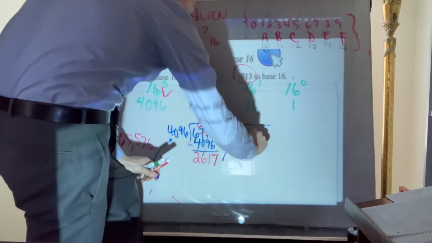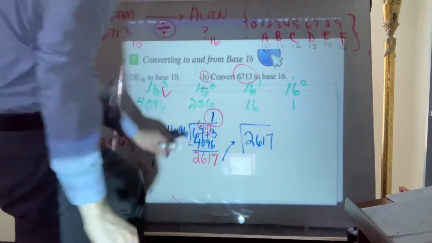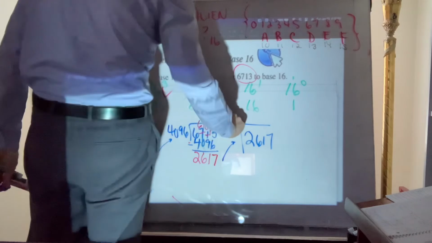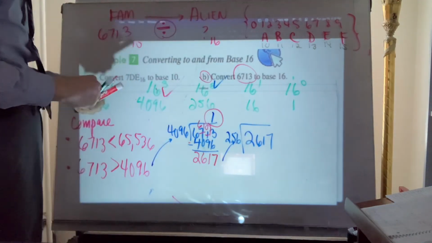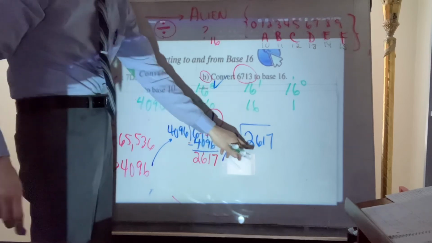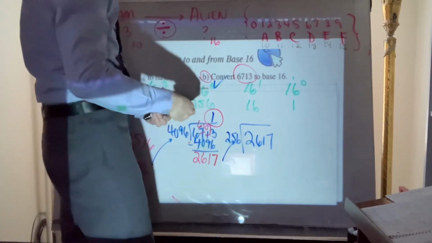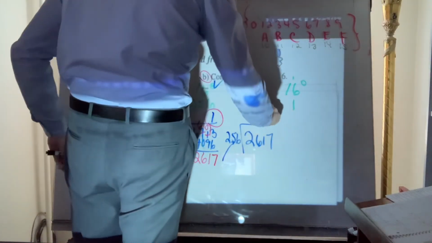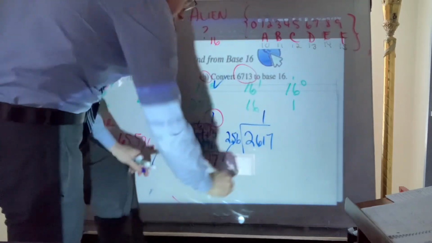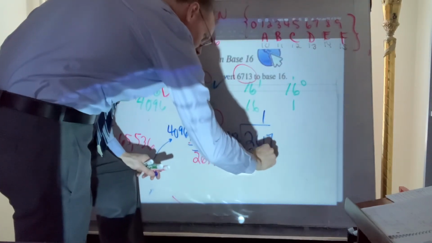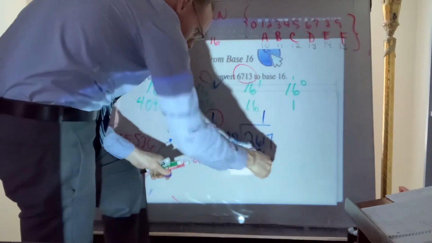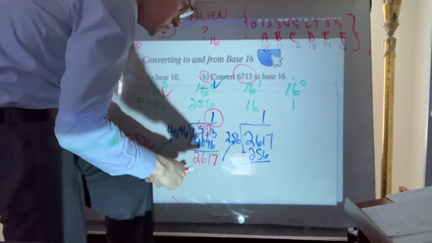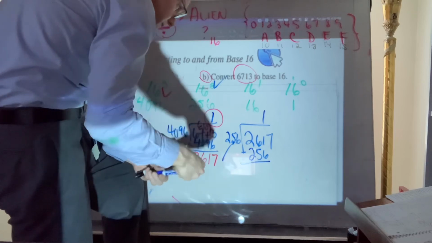Let's see. 2,617 by 256. 256 fits into 261 very close, so put a 1 there. Subtract 256. The difference between them without doing the borrowing here is 5.